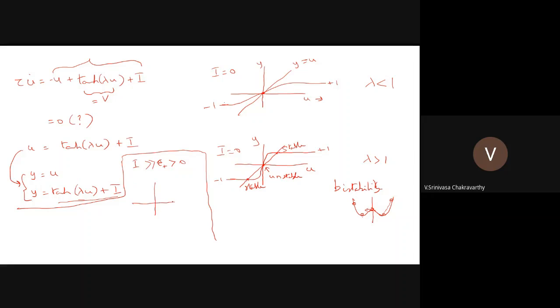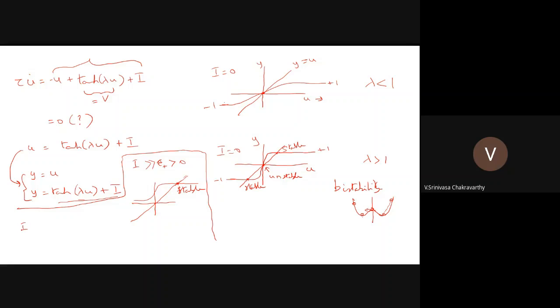The other tangent is lifted up. Imagine the whole tangent is lifted like this. When that happens, there's only one fixed point, and that is positive. This is also stable. You can show that it's stable.